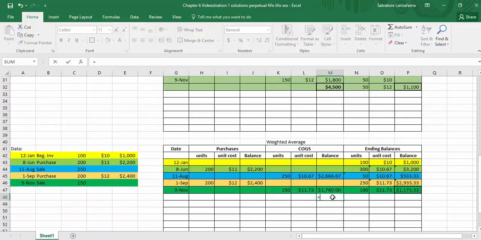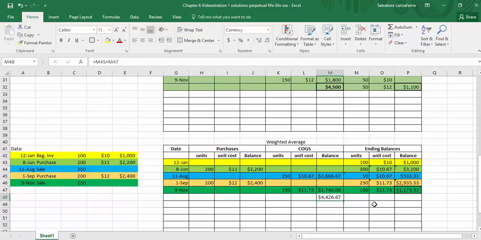In terms of the total cost of goods sold, if we add our two cost of goods sold amounts, this answer should be between the two cost of goods sold amounts that we saw for FIFO and LIFO. So let's take a look at it. We got 4,426.67. Let me put that in bold, and put this one in bold as well.